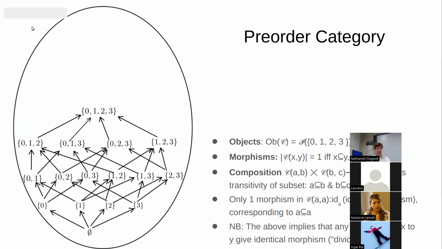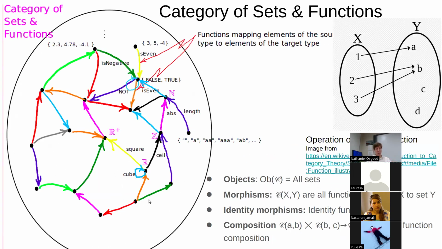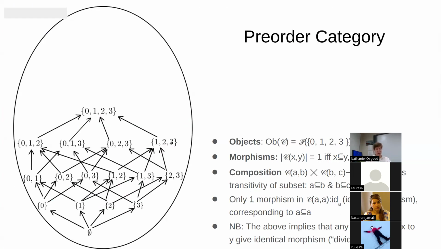Okay. But we also talked last time about a preorder category where objects are sets, right? These are sets, yeah. And morphisms are indications of whether one is a subset of another, not necessarily a proper subset, but whether it's contained in, a subset or equivalent to this other. So is 1, 3 a subset of 1, 2, 3?